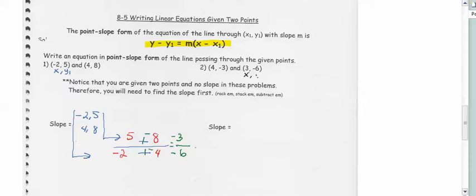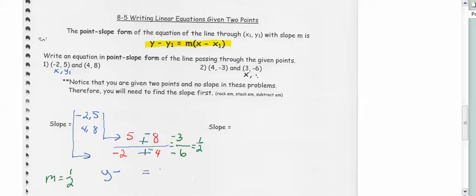Negative and negative is a positive. 3 over 6 is 1/2. So my slope is 1/2.